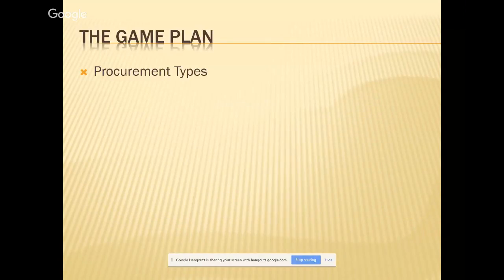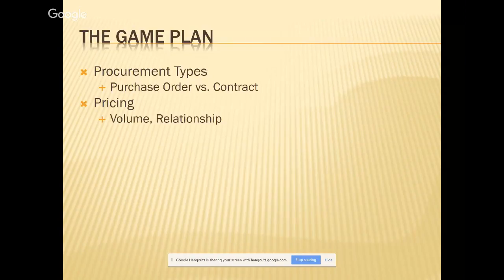First, before I get too far into Rubberstamp, I want to go through a couple of things regarding general construction. I know that most of us here should probably be in the construction industry, but for the sake of those who aren't, we'll go over procurement types, just quickly defining purchase orders and contracts. We'll go over pricing models and the difference between getting pricing from suppliers and contractors.